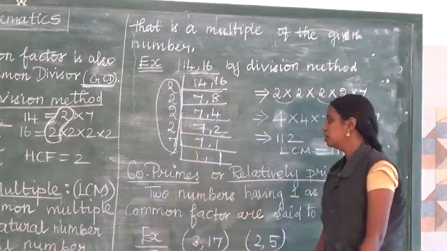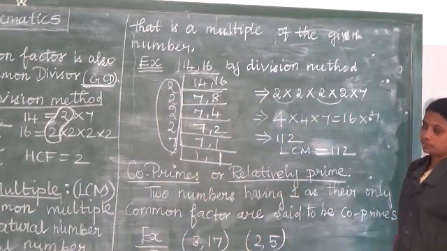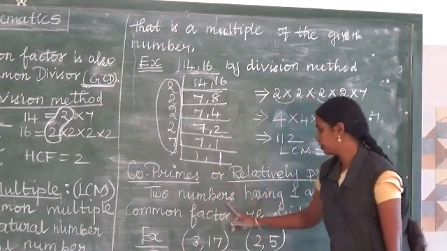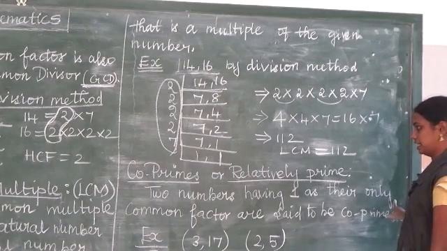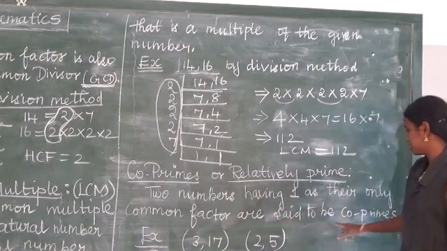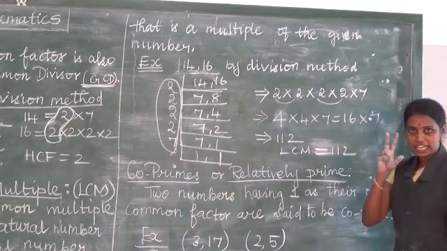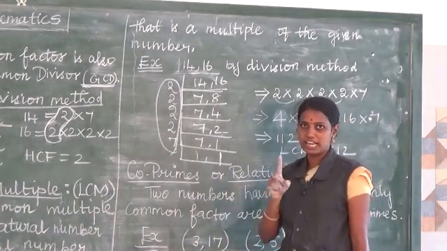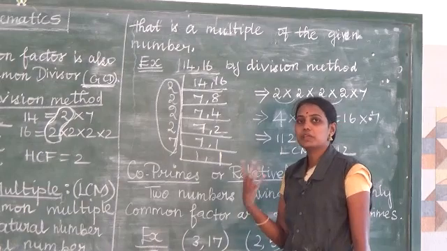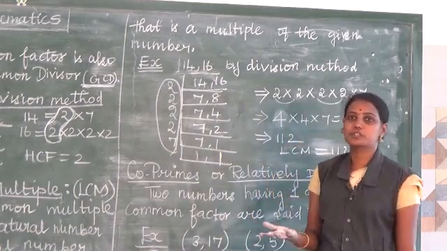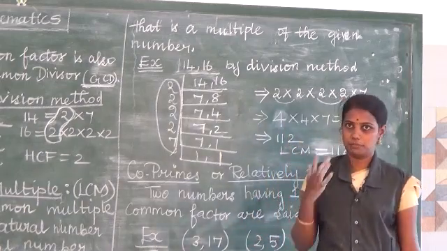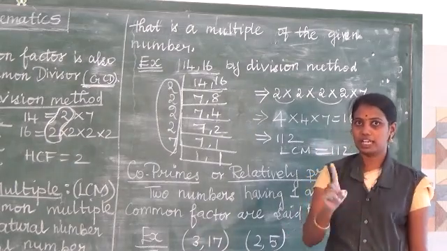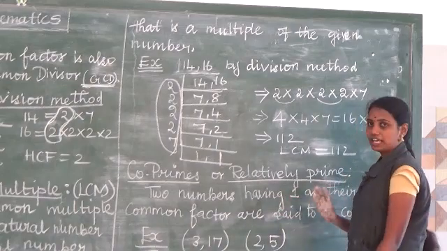Now we are going to see co-primes, or relatively prime. Co-prime and relatively prime have the same meaning. Two numbers having 1 as their only common factor are said to be co-primes. They may be prime, composite or natural numbers, any numbers, but the only common factor must be 1.